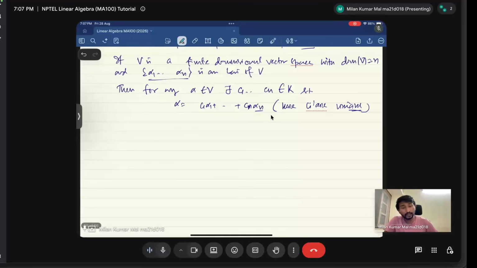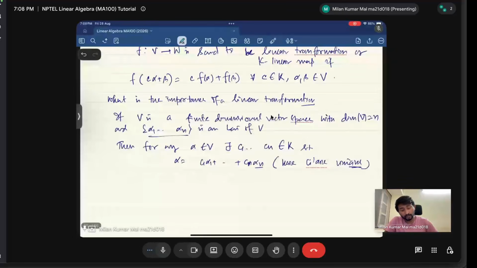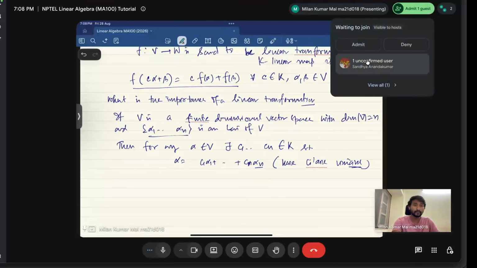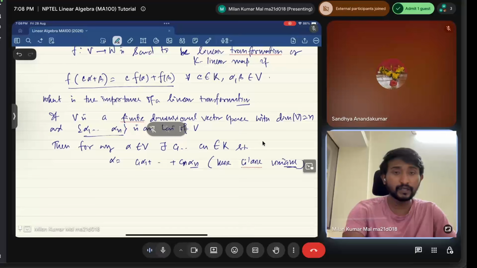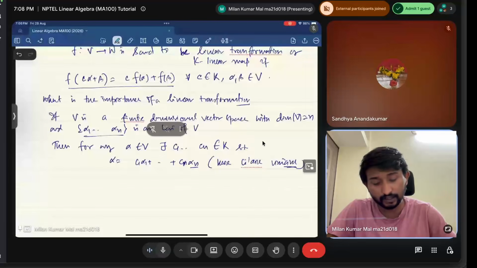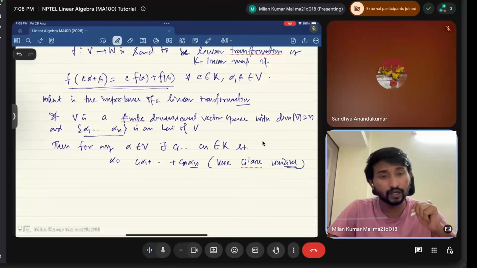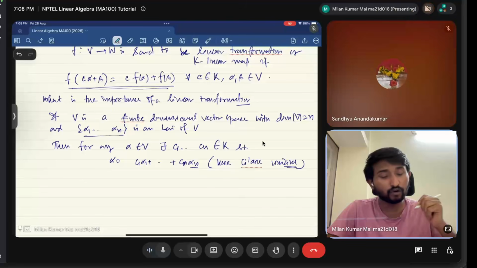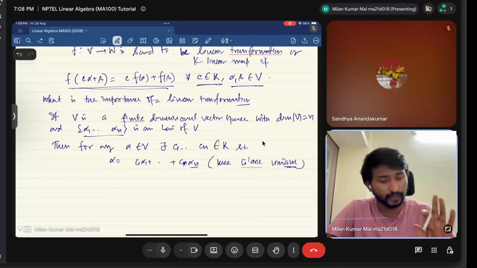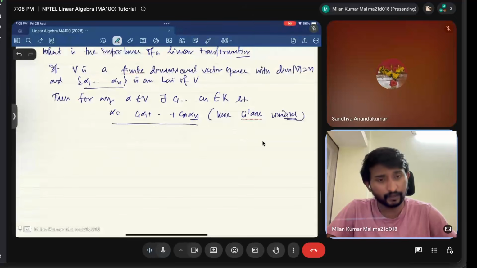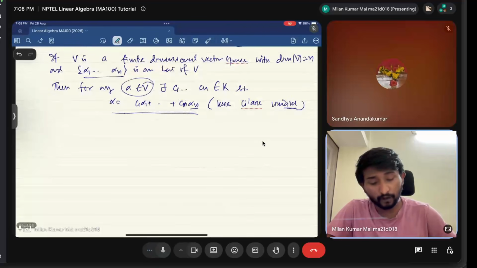So now, what is the importance of the linear transformation? If f is a linear transformation, then it will satisfy the relation that f of c alpha plus beta is equal to c f of alpha plus f of beta for all scalars c coming from the field K and all vectors alpha, beta coming from the vector space V. So if we take any arbitrary vector alpha in V, then we have this linear combination of the elements.